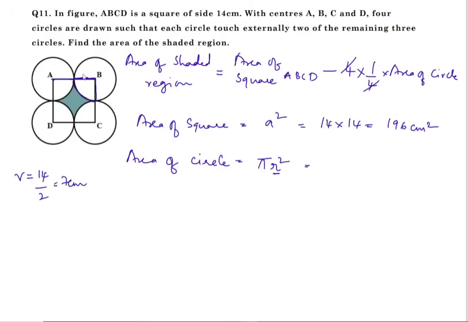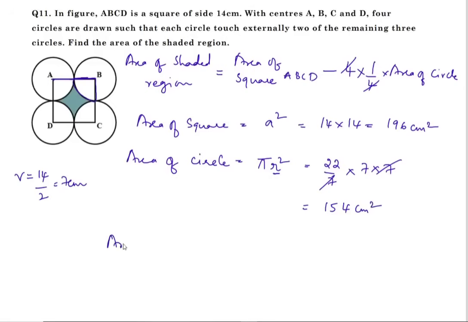Because AB length is 14 centimeter, if I take half of that, I'll get the radius. Therefore pi value is 22 by 7 into radius 7 into 7. 7 and 7 will get cancelled. What you get? 22 into 7. Multiply 22 into 7, we get 154 centimeter square.